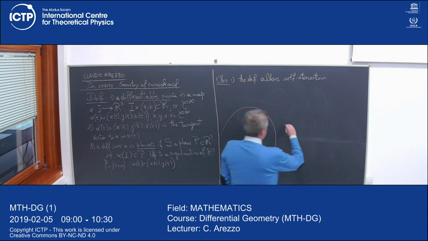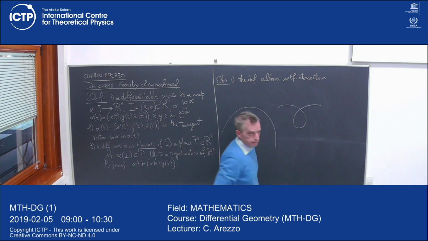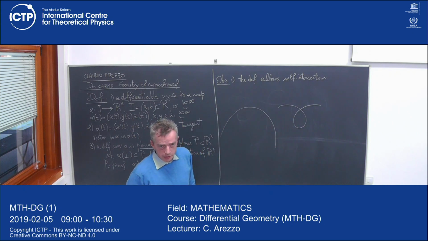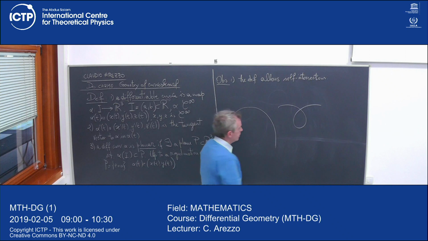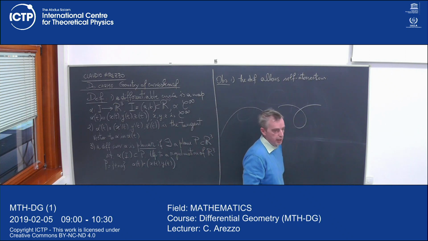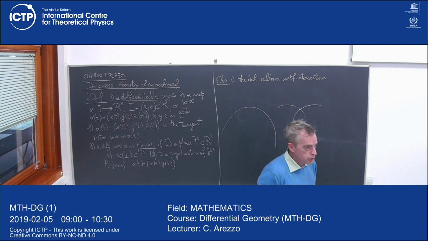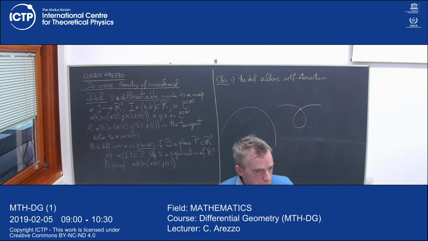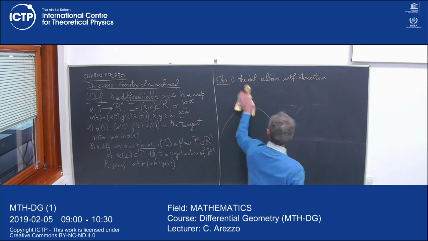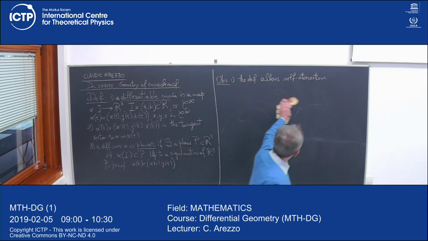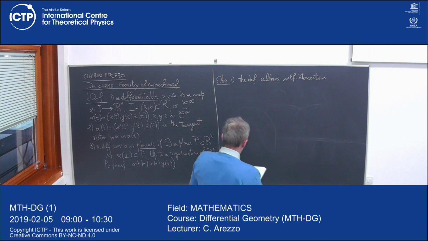But something like this, do we allow it to be a smooth curve or not? Strictly speaking, if smooth means I have a tangent space, we'll come to that, here there is a problem. Here there is no tangent space. But actually it's a smooth curve, or at least, if I can parameterize it well, it's a smooth curve. And I could have left the picture, because here's one example.